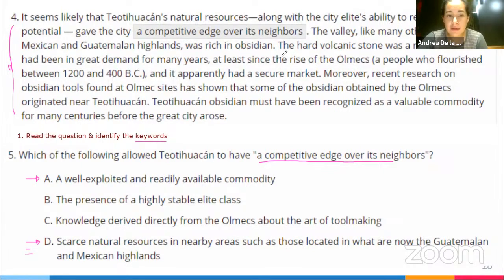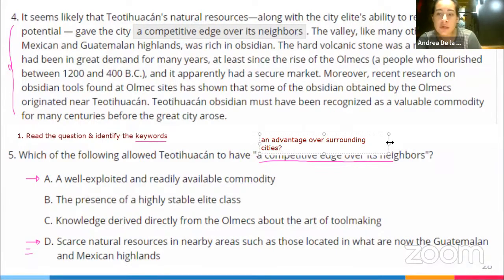Once you identify those keywords, you're going to look for them in the paragraph. It's not always going to be a quotation. Sometimes you have synonyms. What happens if they don't have a quotation, and you have something like, which of the following allowed the Teotihuacan to have an advantage over surrounding cities?